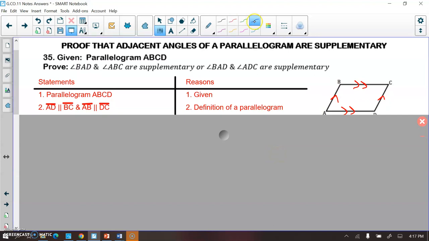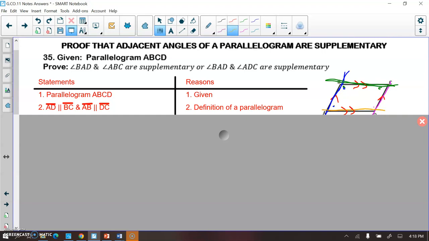Well, if we look at this transversal, then I would know these two are supplementary by the same side interior angles theorem. Or if I used this transversal, I could say these two angles are supplementary by the same side interior angles theorem. Or if I used the two side parallel lines with this transversal, I can say these two are supplementary.